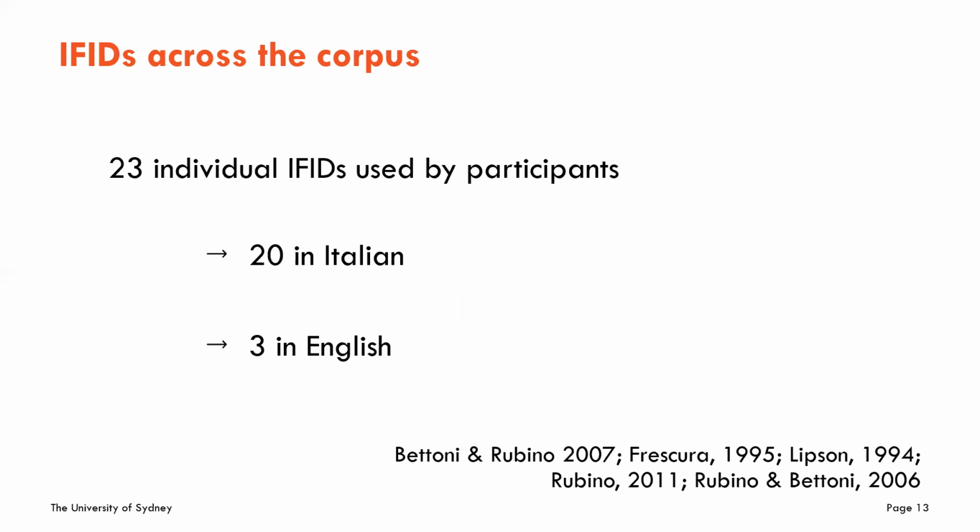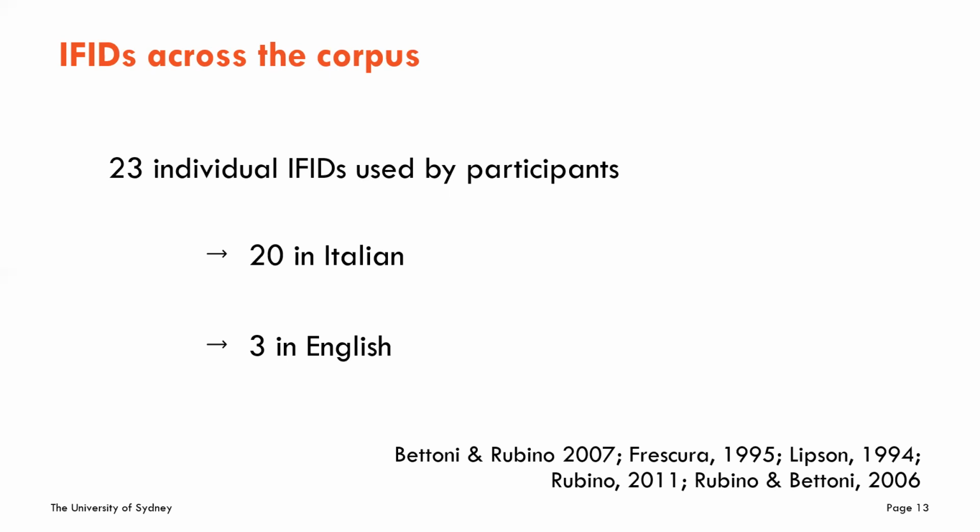So yes, there were fewer emails collected in English. There were only 20 participants in the Australian English group and many more in the learner and the native Italian speaker groups. But at the same time, I don't believe that that's why there is this differentiation in the numbers.